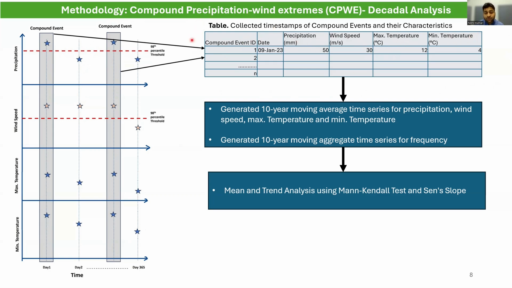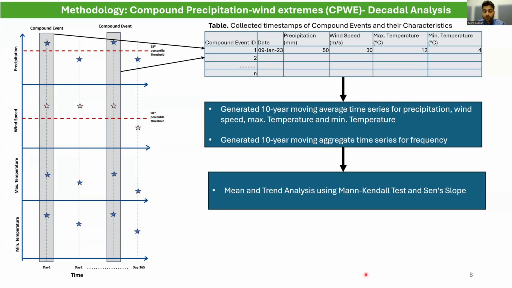Once we have this data set for all the grid points, we generated the 10-year moving average time series for precipitation, wind speed, maximum temperature, and minimum temperature. We also generated a 10-year moving aggregate time series for the frequency. After that, we conducted a mean and trend analysis using the Mann-Kendall test and Sen's slope.